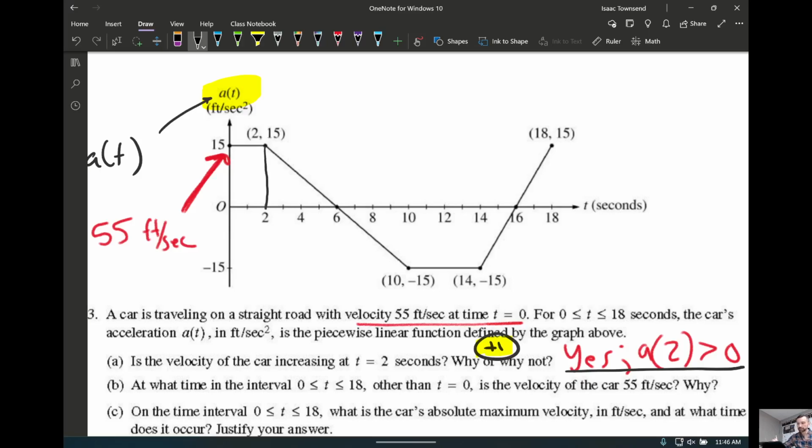For example, this is a 2 by 15 rectangle, so it has an area of 30. This is a 4 by 15 triangle, so it has an area of 30. This is a 4 by 15 triangle.